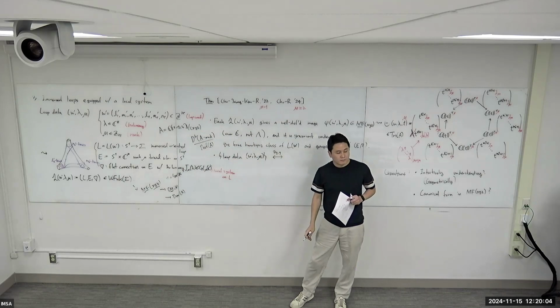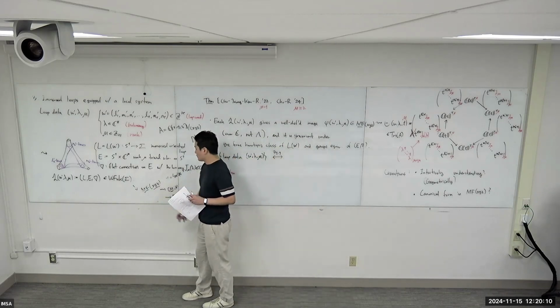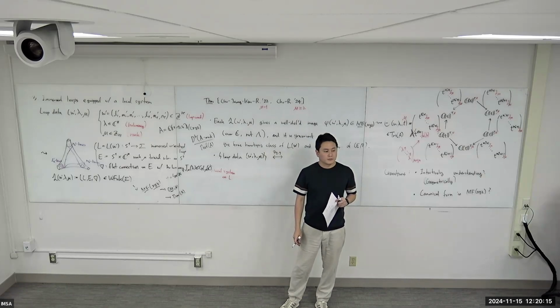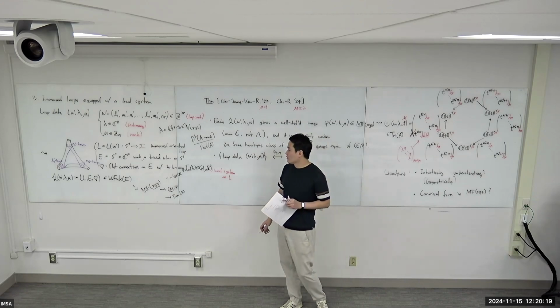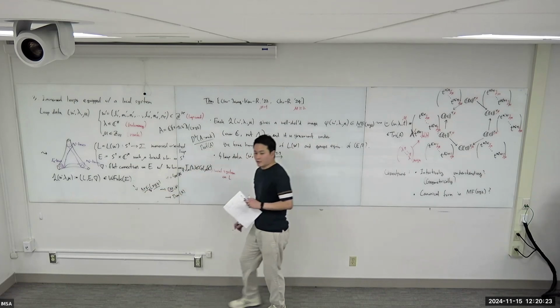Yes, but my question is that MF seems to care about the polynomial being in three variables and not in four variables, one of which you don't see. For sure, yeah.